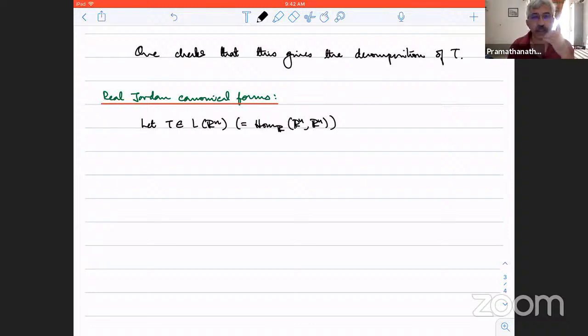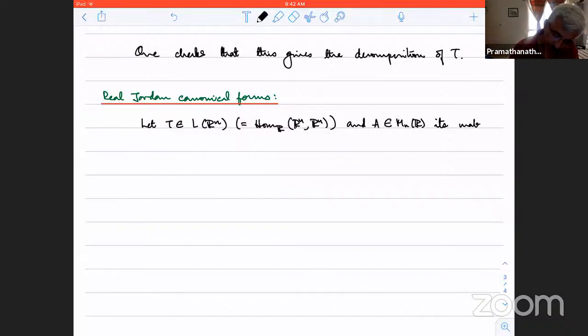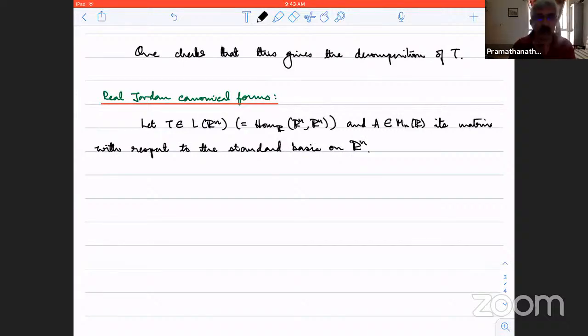So let T be a linear transformation from R^n to R^n, and A belonging to M_n(R) its matrix with respect to the standard basis on R^n. Okay.